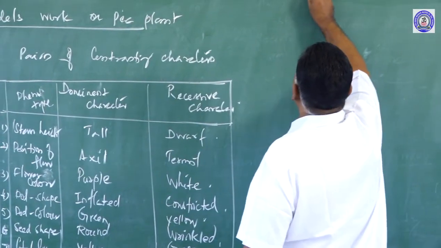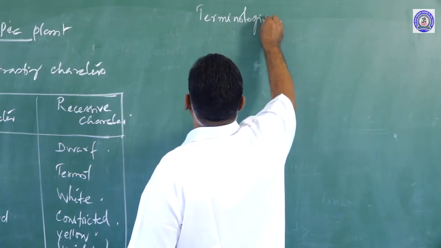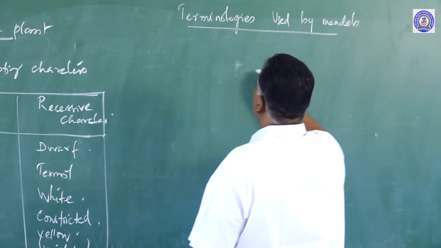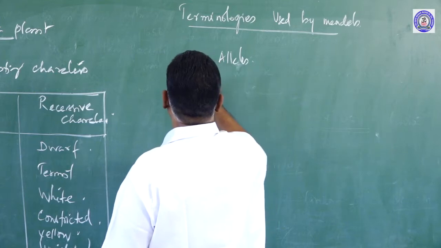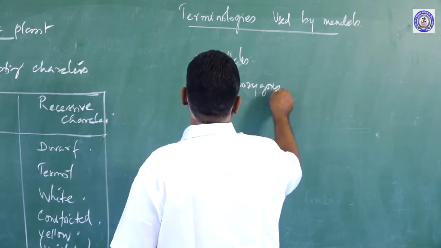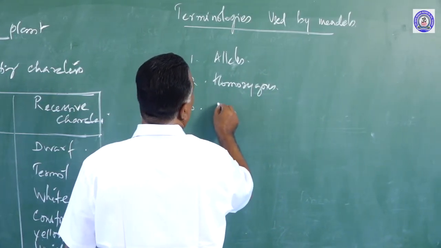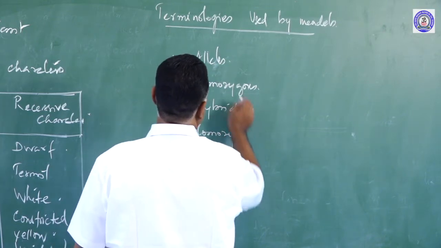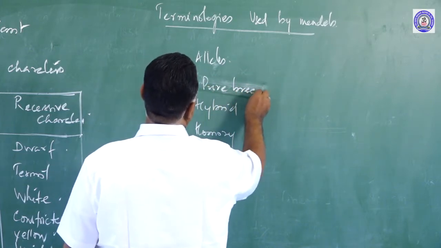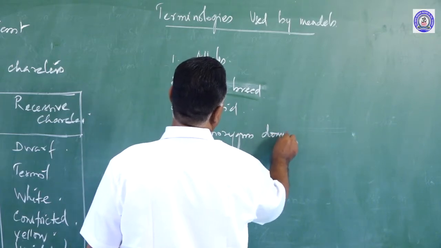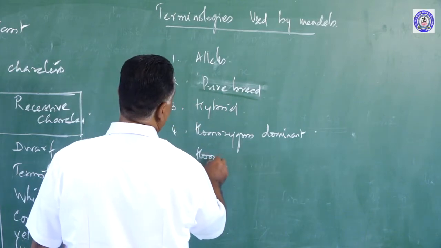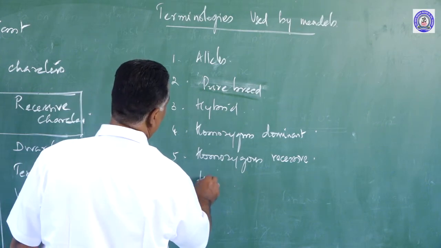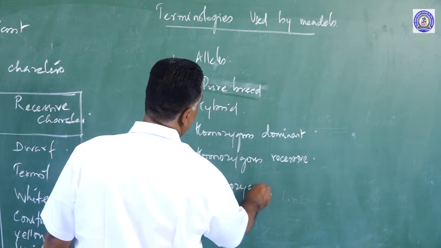Some terminologies used by Mendel: alleles, homozygous, third, hybrid, fourth, homozygous, we will take pure breed, homozygous dominant, homozygous recessive, and heterozygous dominant.